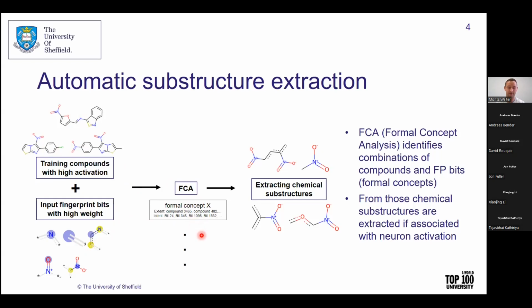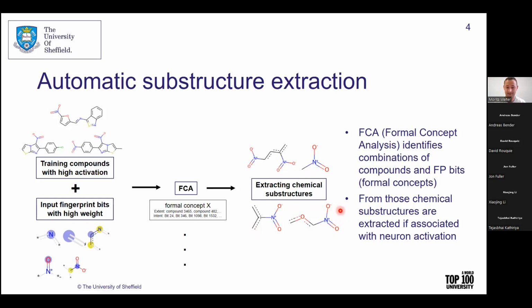These different formal concepts belong to combinations of compounds and bits that they have that naturally occur in the data set. And from these meaningful combinations, you can then go on and extract substructures. So these are parts of the training compounds that are associated with these input bits that are considered meaningful by the network, without going into too much detail here.